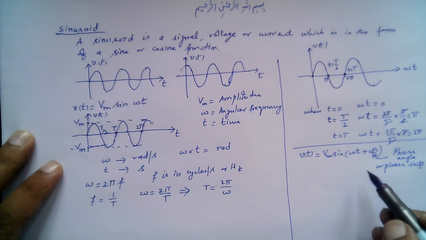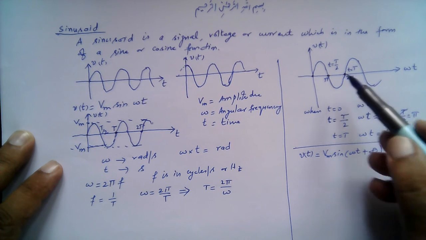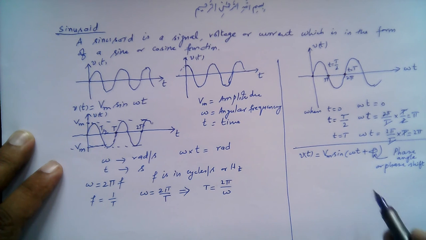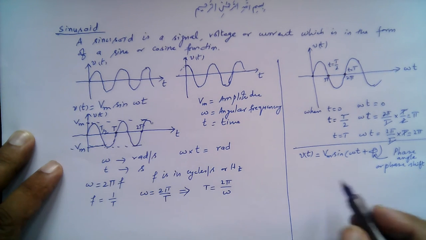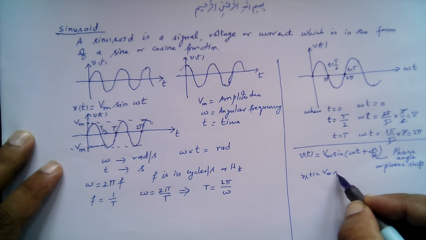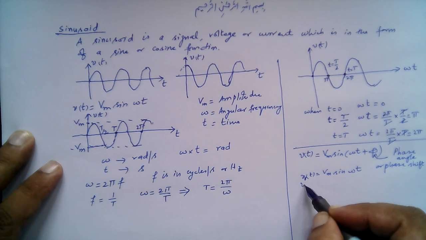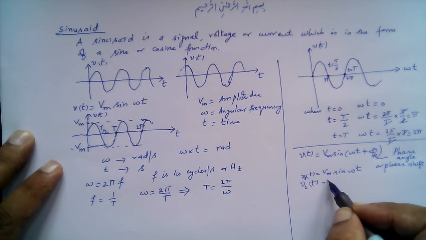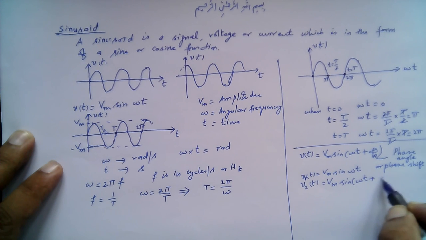This can better be understood if we compare the plot of this signal and the plot for the earlier signal. So for example, let me say this signal was v1 of t equal to Vm sine omega t, and this is, suppose, v2 of t, Vm sine omega t plus phi, right?